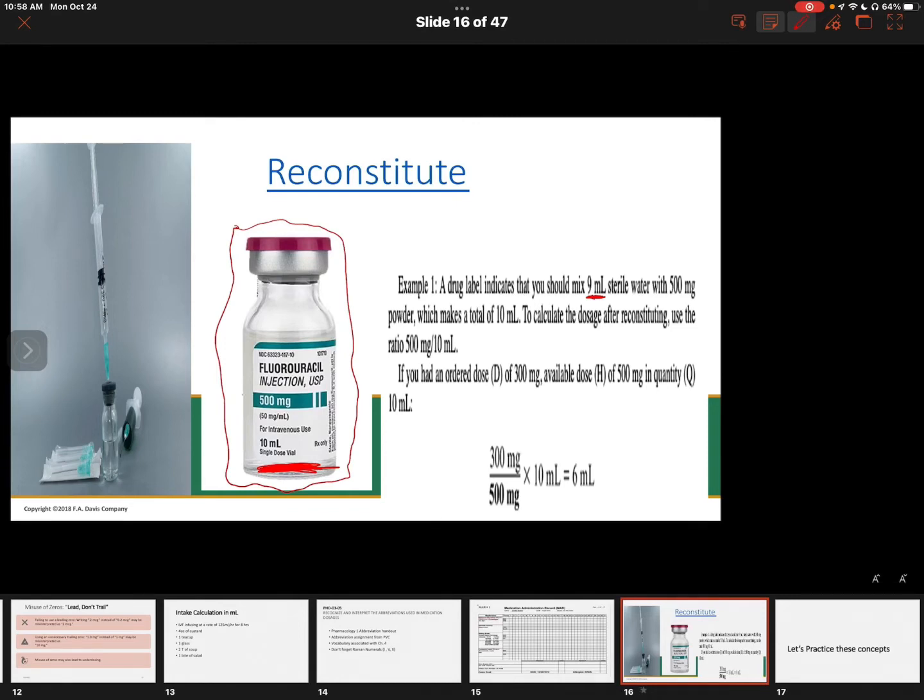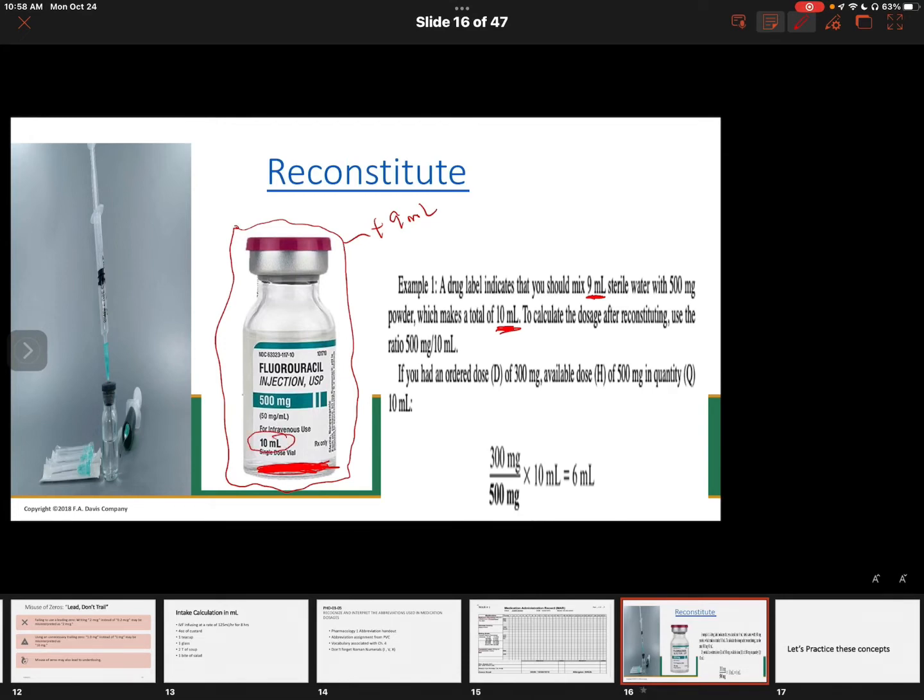So this powder takes up space. Then when we add 9 milliliters of sterile water, the bottle has a total of 10 milliliters in it. It will say that on the instructions, and the bottle is going to be labeled that way.